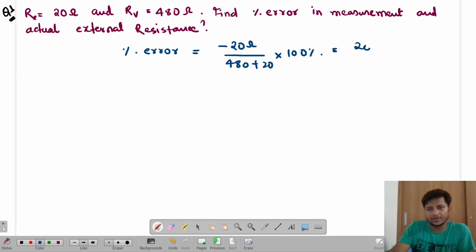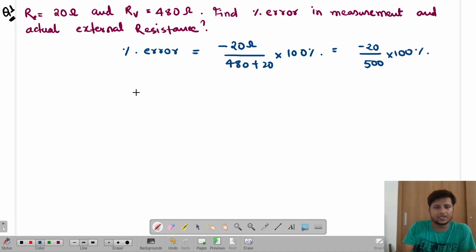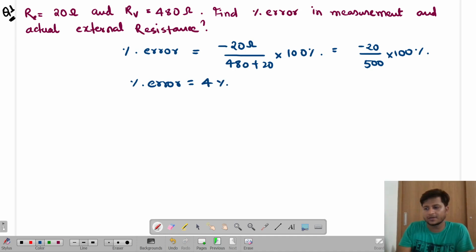So minus 20 by 500 into 100%. So the percentage error over here is how much? 4%. Got it. So now basically it is negative error. Actually error is not always negative, but here I am considering negative.